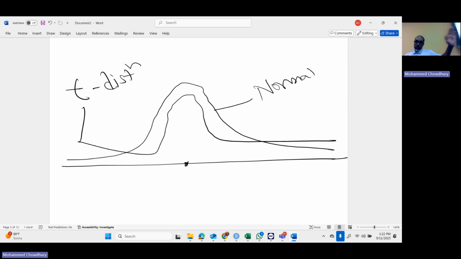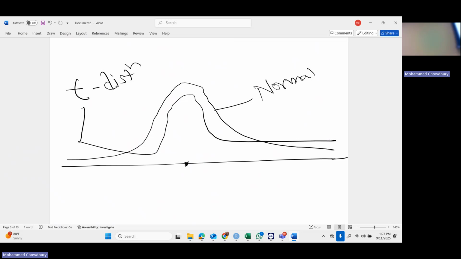So you ask the question, if I find one, and then the rest one, if I just transfer it to the positive, yes, the answer is yes for normal and T distribution. But other distributions, F distributions, chi-square distributions will not follow this rule. Clear? When I discuss these things, I will explain.